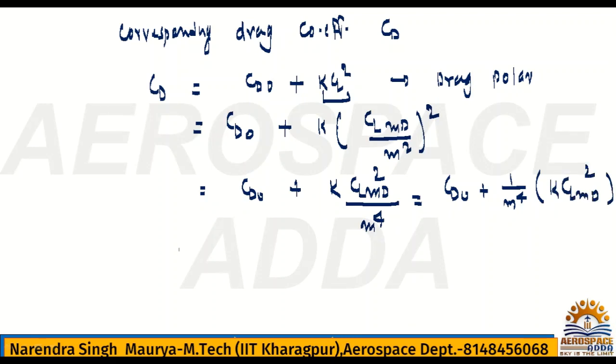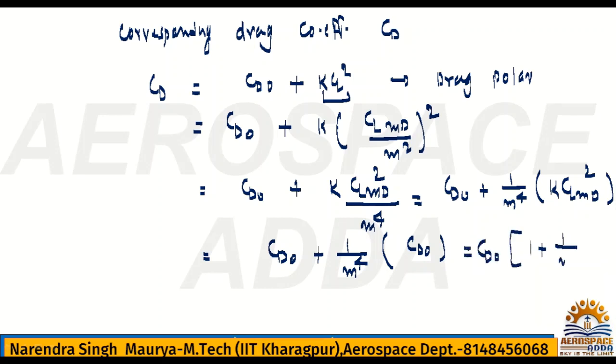This is for minimum drag condition. CD naught plus, what is this K CL MD square? It is nothing but CD naught, minimum drag condition. So here you have CD naught in bracket 1 plus 1 by m power 4. So what is the CD?